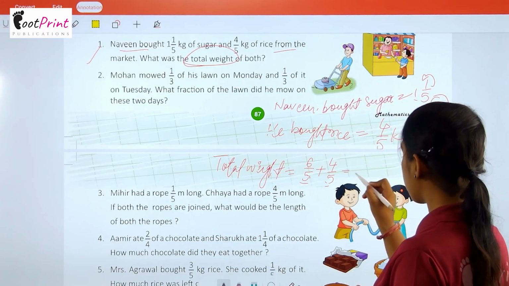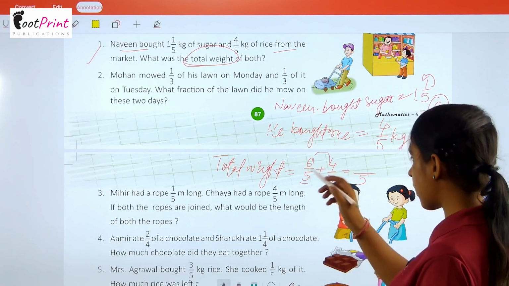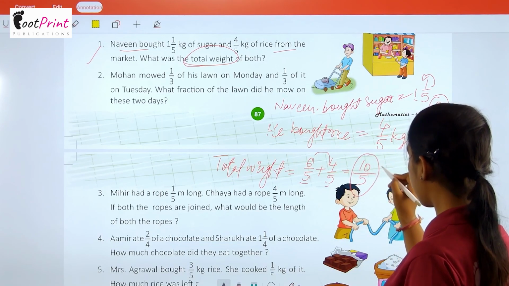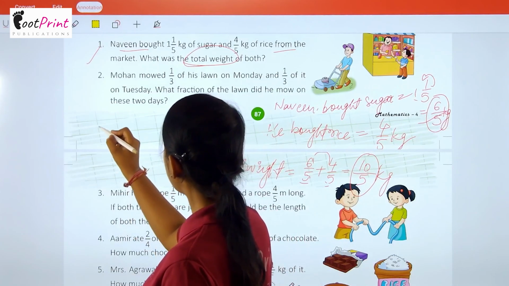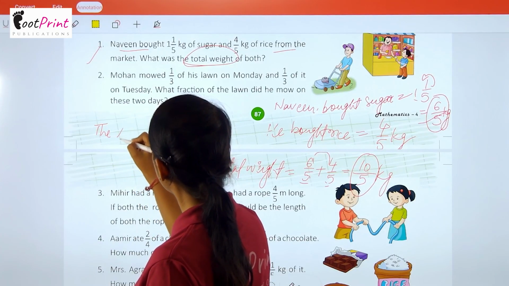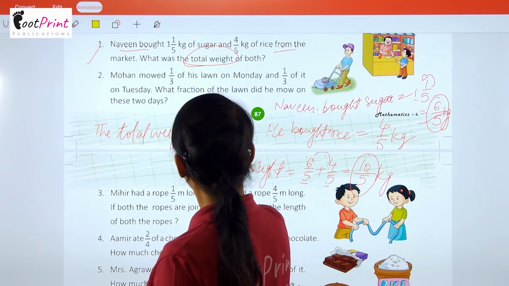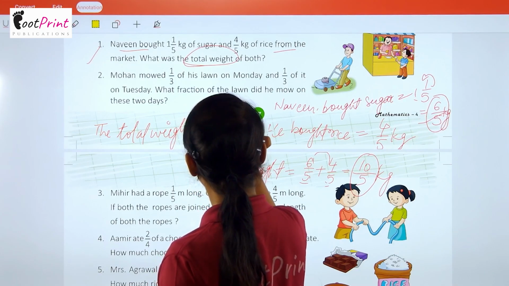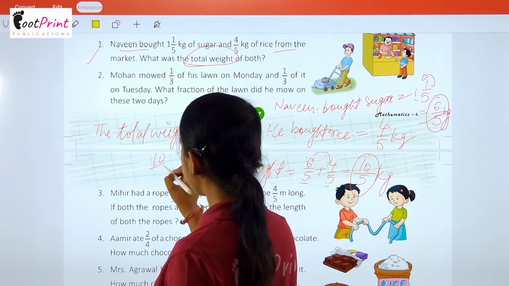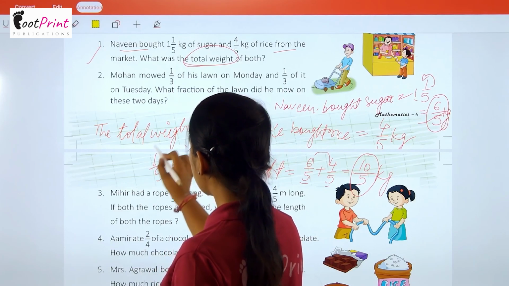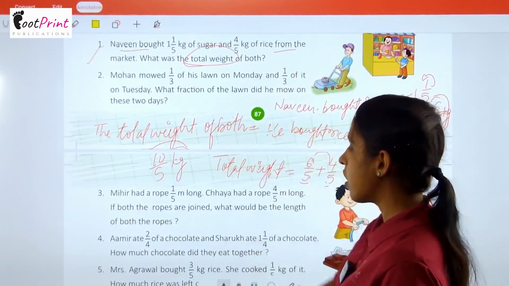So like fractions के लिए हमें क्या करना होता है, denominator same रहेगा और numerator को add कर देंगे। 6 और 4 कितना आ गया 10। So we can say that the total weight of both sugar and rice is 10/5 kg. Okay, kg means kilogram.